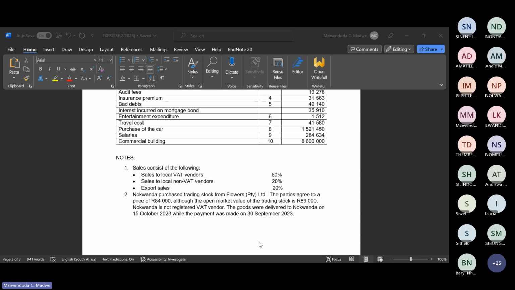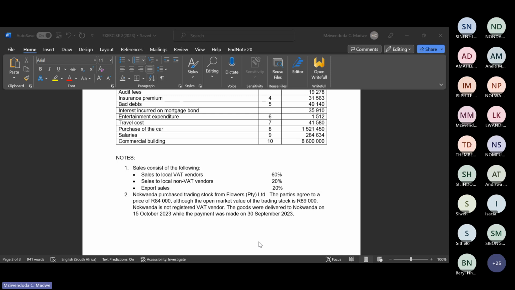Section 10 talks about the value of supply, because you are not sure which value you are going to use. That is the thing that you have to know.